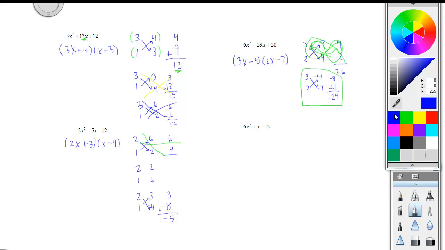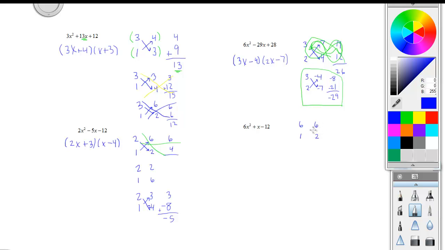All right, last one. The factors of A are 6 and 1, or I could be using 2 and 3, but I thought I'd start with 6 and 1. Factors of 12, I could use 6 and 2. I could use 12 and 1, or I could use 3 and 4.